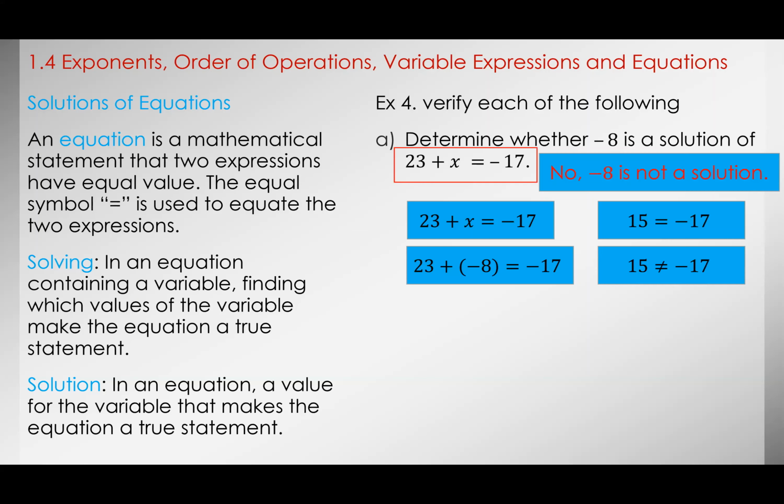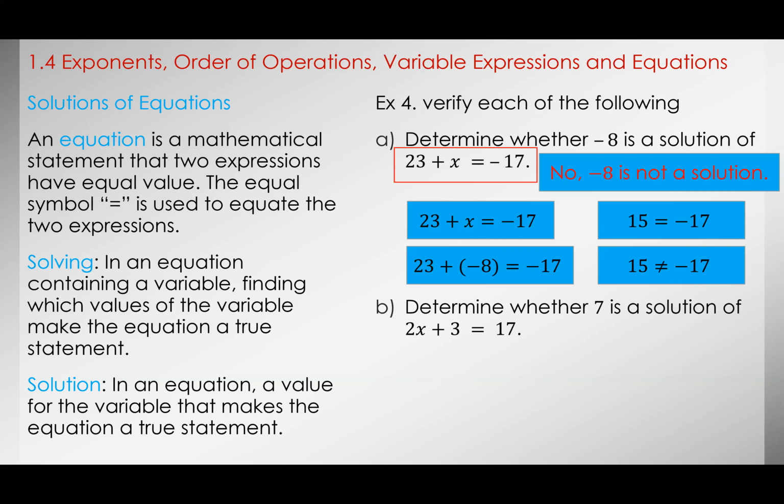And if it's not equal, you would say, no, -8 is not a solution for this equation. So that's how you verify. To verify if they are a solution, all you need to do is ask yourself, is the left-hand side equal to the right-hand side by plugging in whatever they give you.